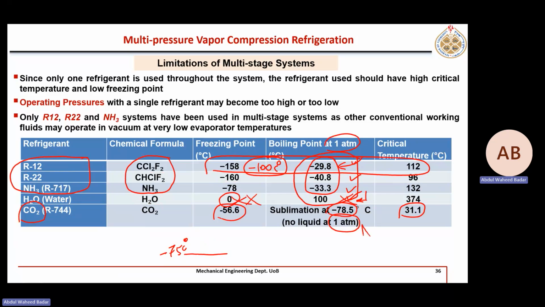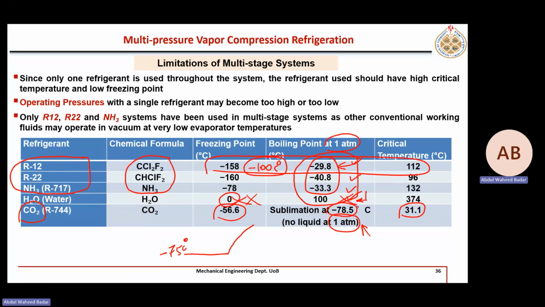But here I do not have to create vacuum for CO2. But the issue with CO2 is that you cannot condense it. When the compressor increases its temperature higher than ambient, then it will be all gas. You cannot condense it.